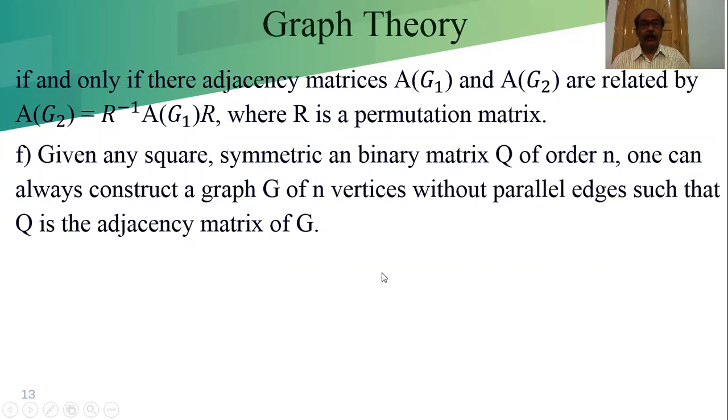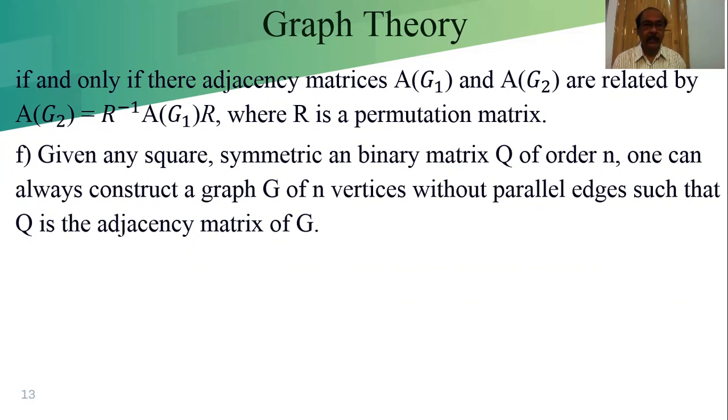That means if we have the adjacency matrices of two different graphs, we cannot say instantly that the two graphs are isomorphic.